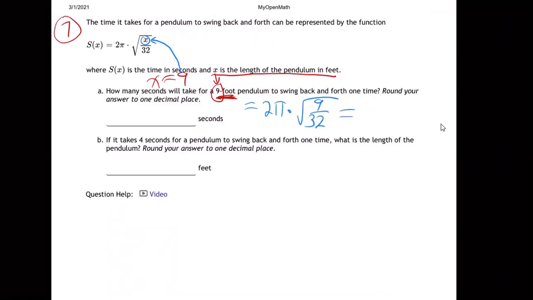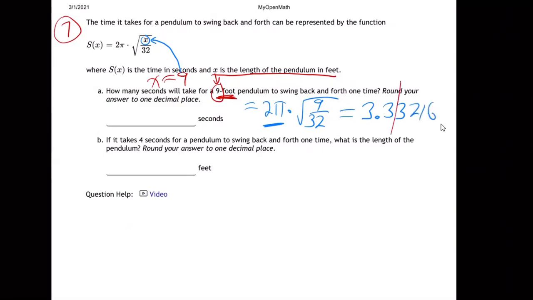So then hit the buttons on your calculator. I'm going to do it on mine. I used the pi button. I went 2 times the pi button times the square root of 9 over 32. I got 3.33216, blah, blah, blah.